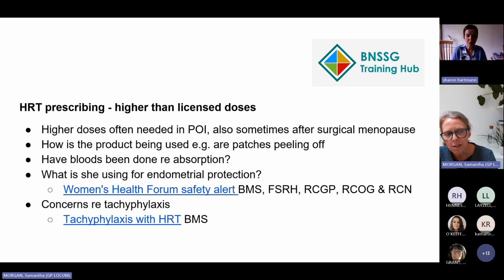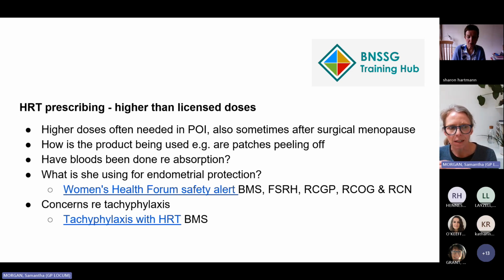And there's this concept of tachyphylaxis with HRT. So some women using really high doses can have tachyphylaxis where essentially they continue to get symptoms with higher and higher doses, despite having actually high levels.